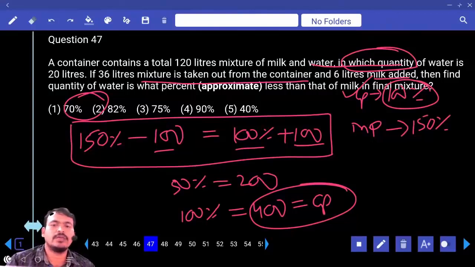Next question number 47. A container contains a total of 120 liters of mixture of milk and water, in which the quantity of water is 20 liters. If 36 liters of the mixture is taken out from the container and 6 liters of milk is added, then find the quantity of water is what percent less than the milk in the final mixture and initial mixture?